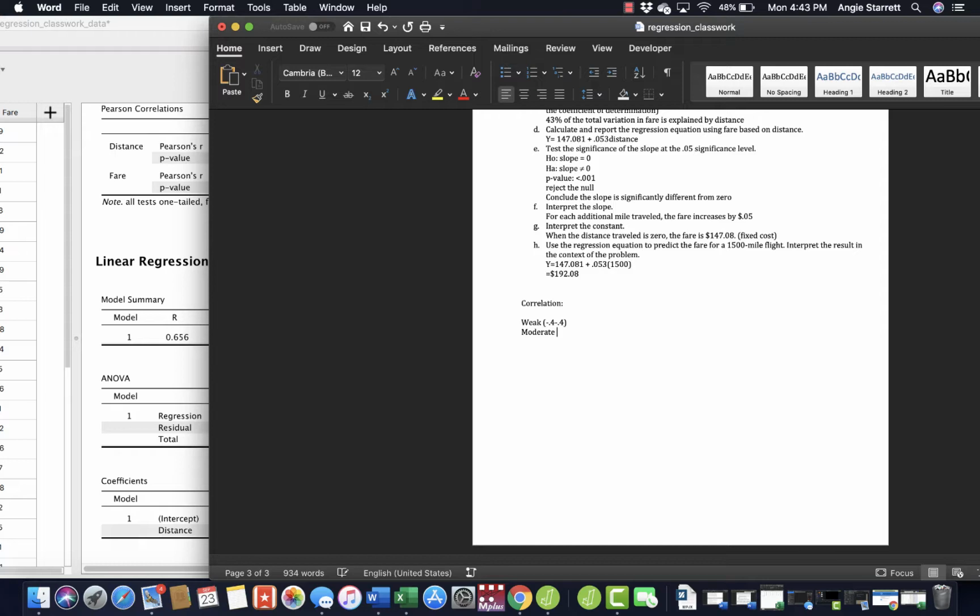Moderate would be between negative 0.7 and negative 0.4, or between 0.4 and 0.7. And then strong would be between negative 1 and negative 0.7, or 0.7 and 1. So hopefully that helps clear up with correlation what's weak, moderate, and strong.